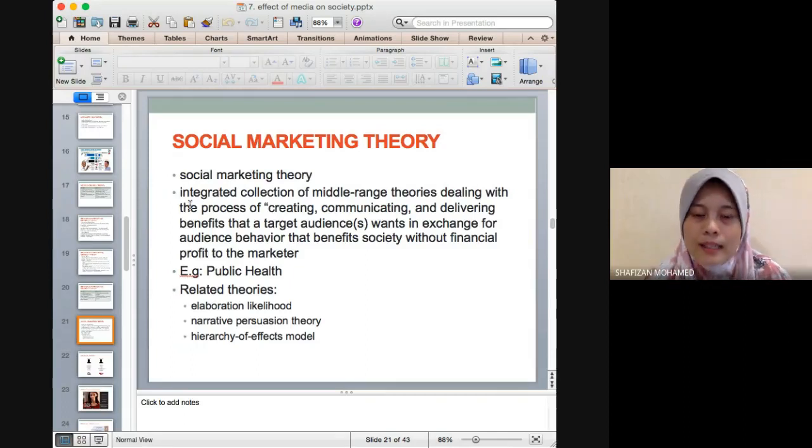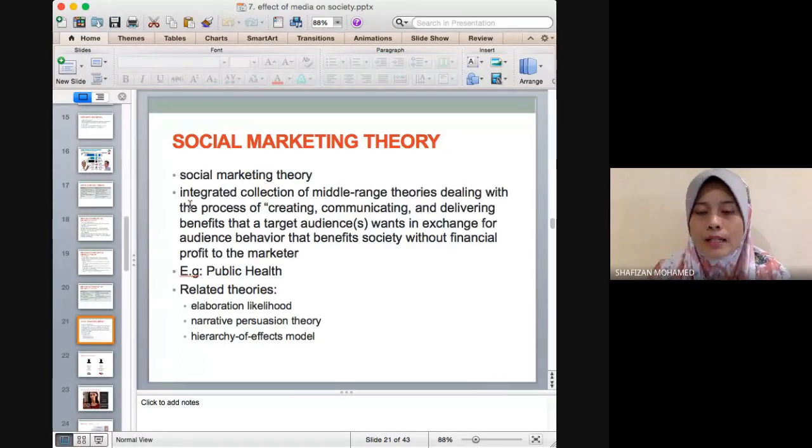Again, they are still trying to market something, maybe a product, maybe a campaign. But social marketing is not really about profit making. It's about benefiting society as well as creating a good reputation for the company.